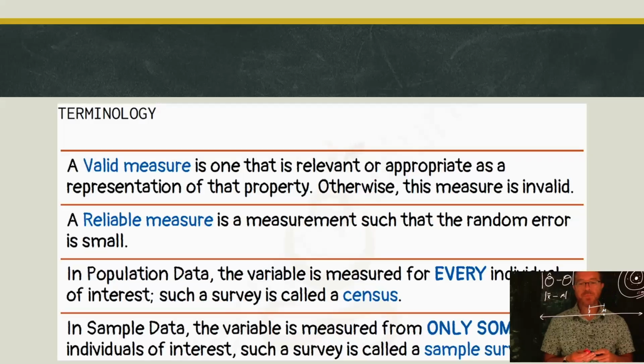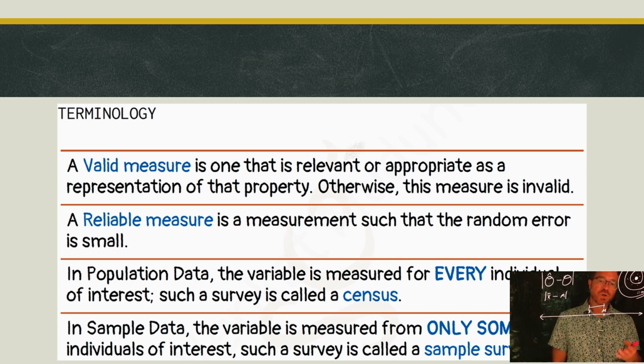Okay. Next, in population data, the variable is measured for every individual of interest, and this survey would be called a census. So if you were ever measuring everyone in a population, this is called a census or a population census. For sample data, if a variable is measured only for some of the individuals of interest, that means you're getting a sample, and this is called a survey.